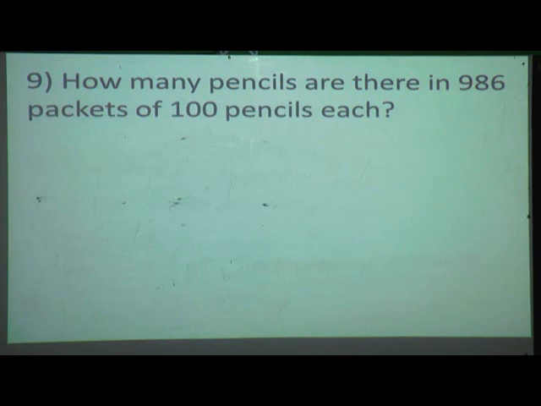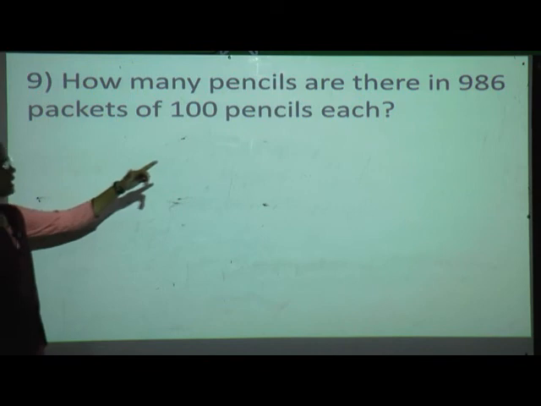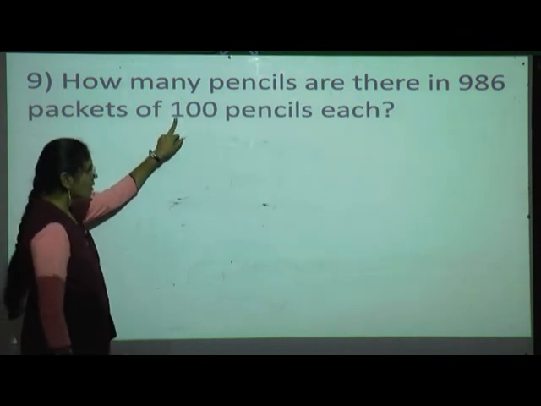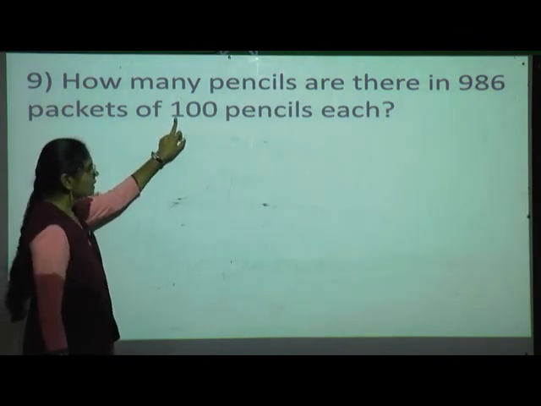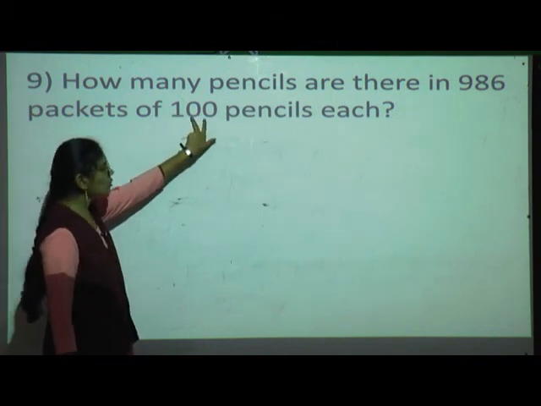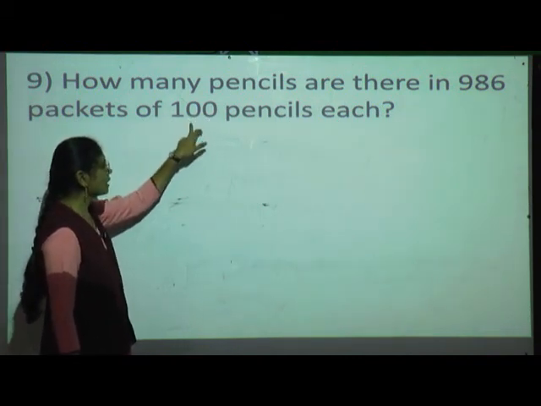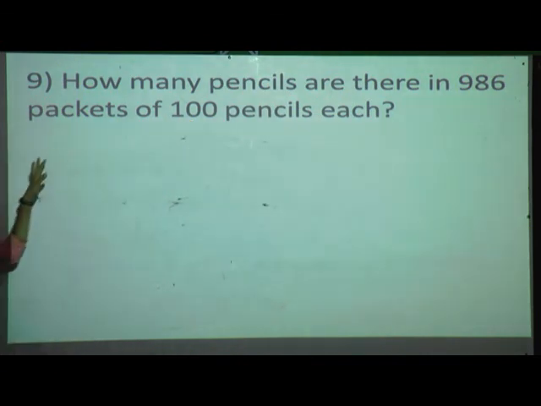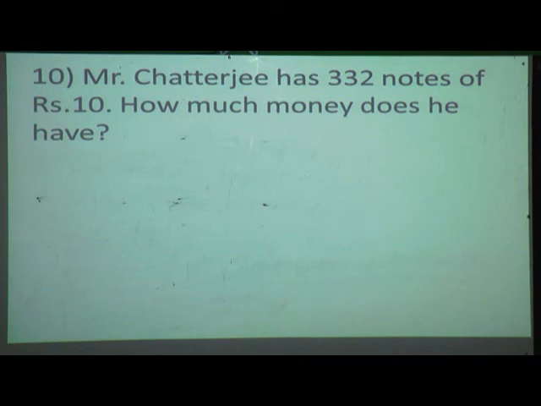So you just have to do the multiplication of 986 into 1. Then you will get the answer 986 and then after 986 you have to put 2 zeros because in 100 there are 2 zeros. So in this way you can solve this example. It is very easy.